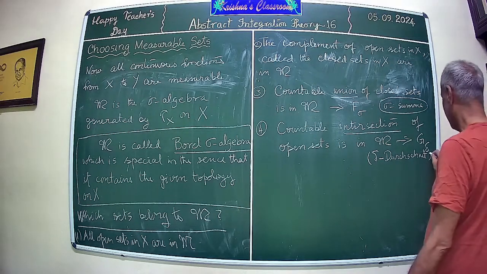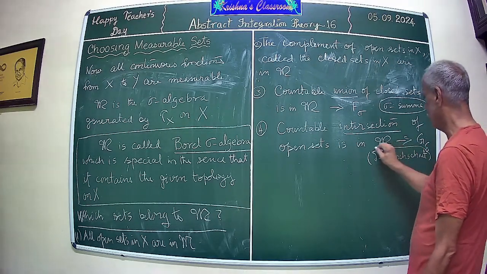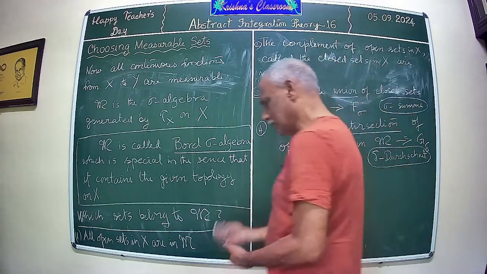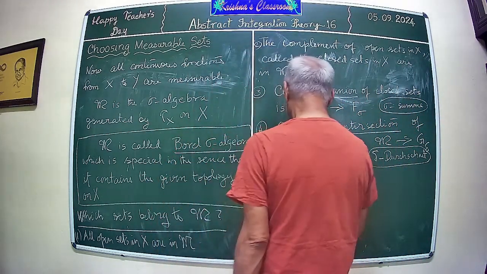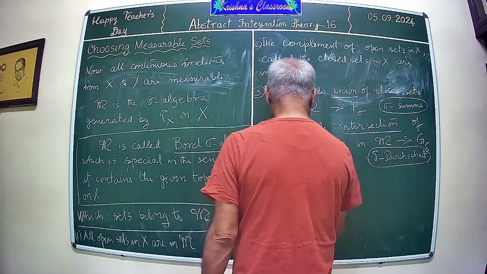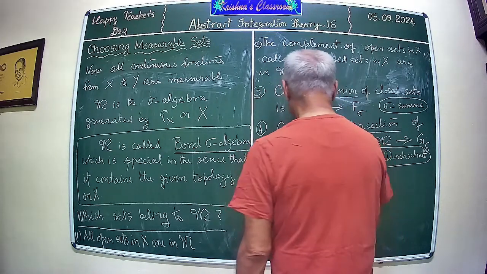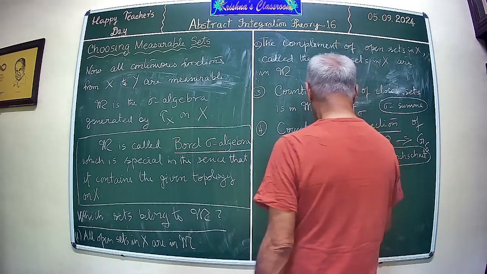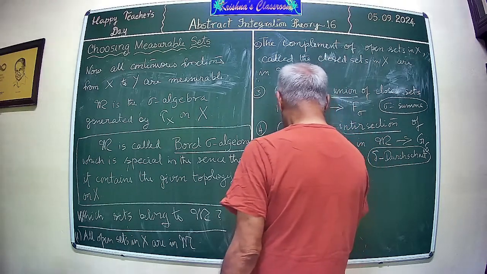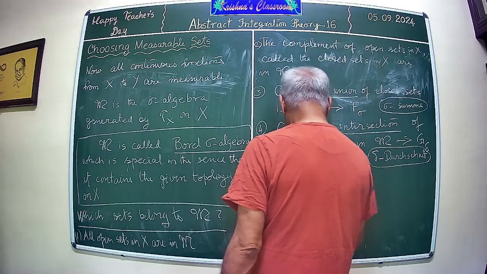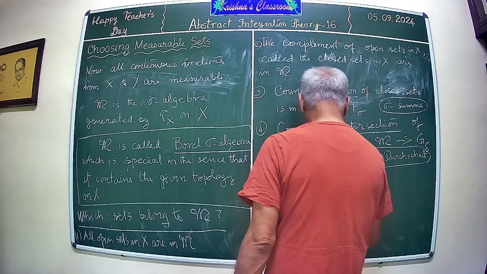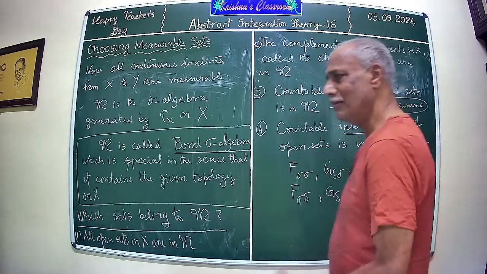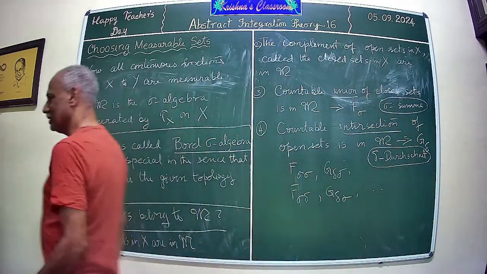So you have these two representations. Now, stretching this, you see that F sigma sigma or G delta delta and all sorts of combinations, F sigma delta, G delta sigma, etc., they are all now going to be elements of this.